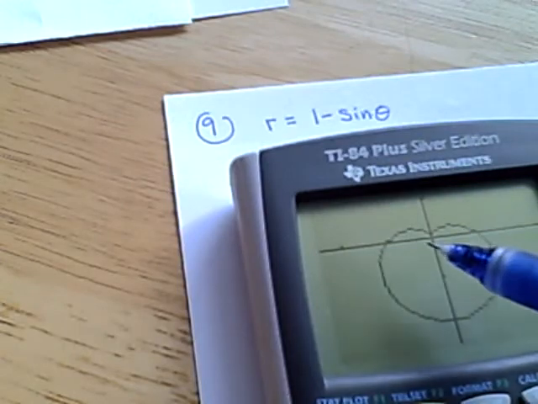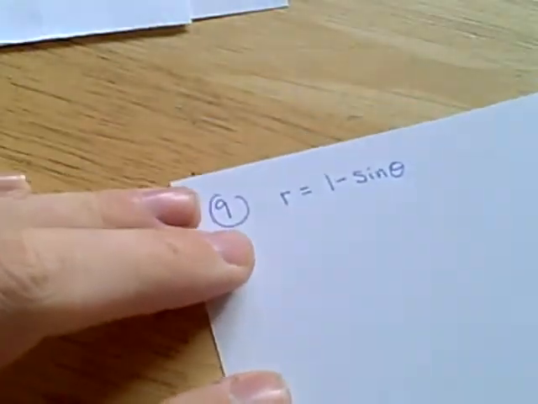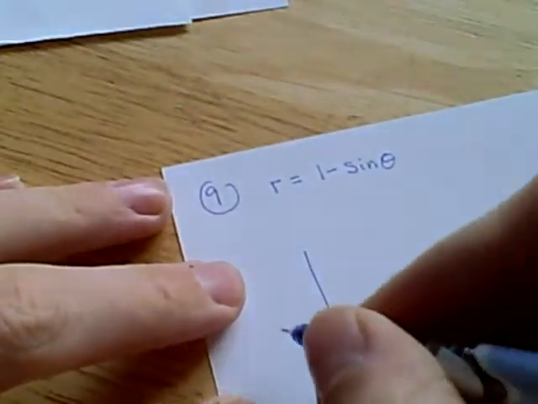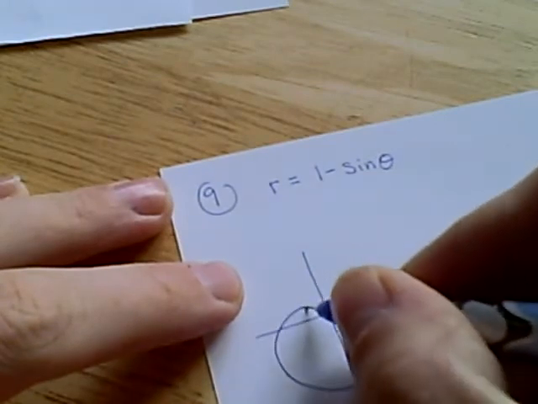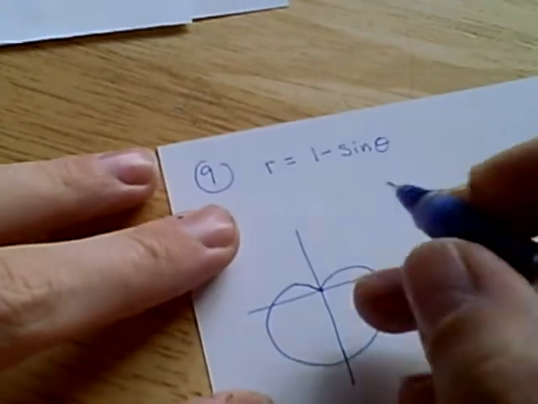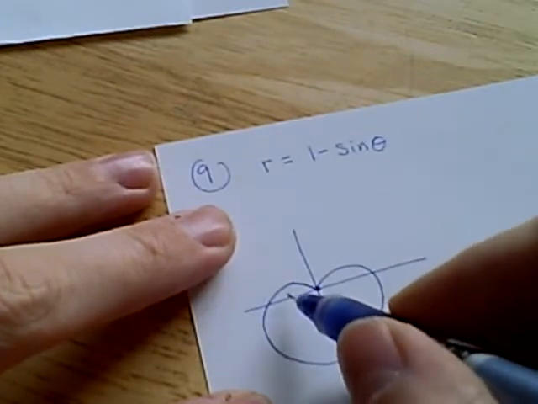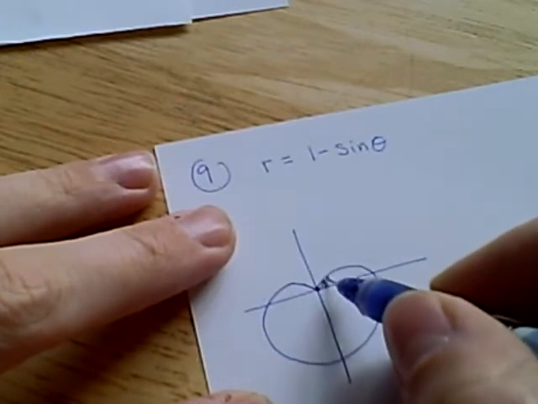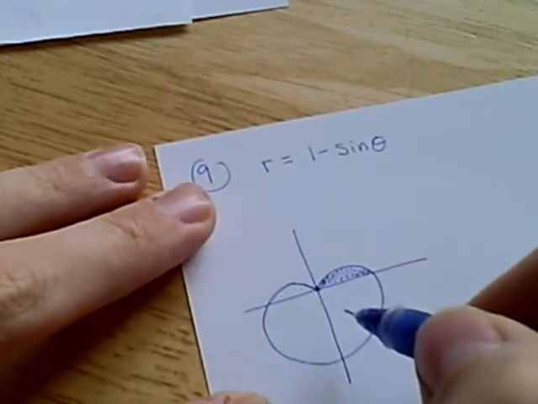Alright, so we're concerned with these two pieces. Let's make a sketch on our piece of paper. So what we need to know are our limits of integration. Now it's symmetrical about the y-axis, so we only have to worry about this part. We could do this part and then just double it.